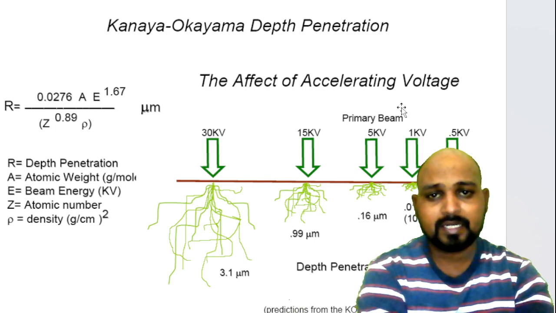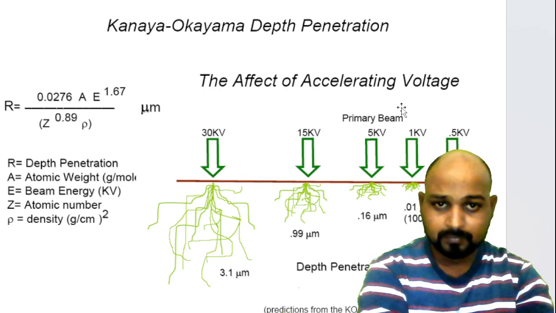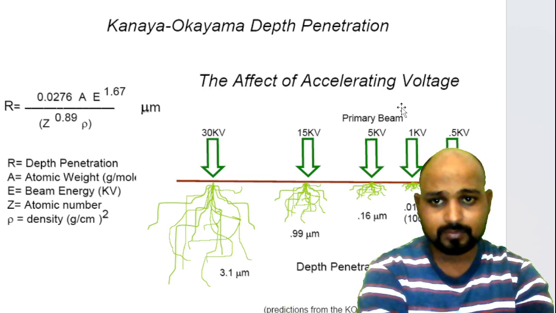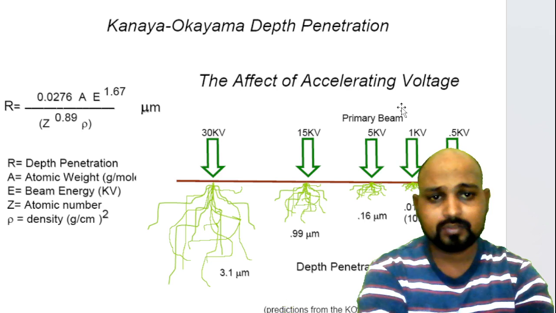Here we can see the depth up to which an electron microscope can probe. For one particular type of scanning electron microscope there is the Kanaya-Okayama depth of penetration. There is a formula, which depends upon the accelerating voltage.